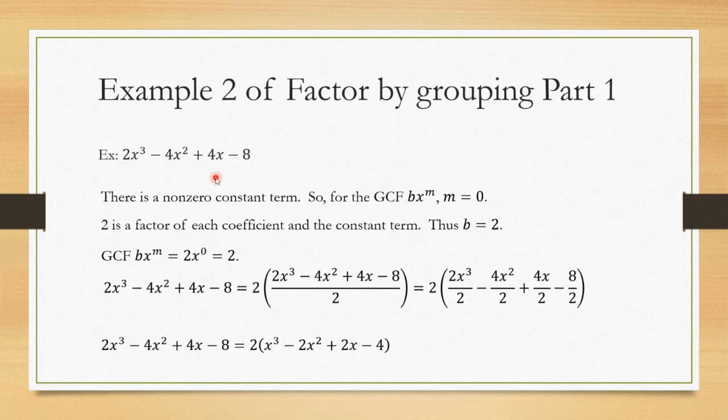And if you were to list the factors, you would be able to see that. The factors of 2 are just 1 and 2. The factors of 4 are 1, 2, and 4. The factors of 8 are 1, 2, 4, and 8. So we get b has to be 2. So the GCF of this is 2.